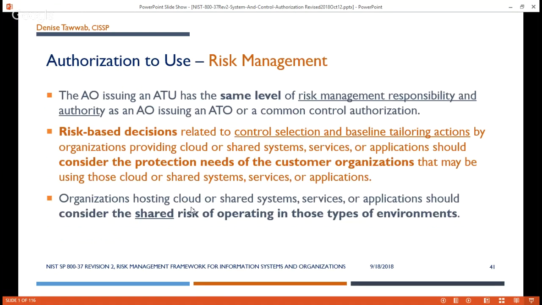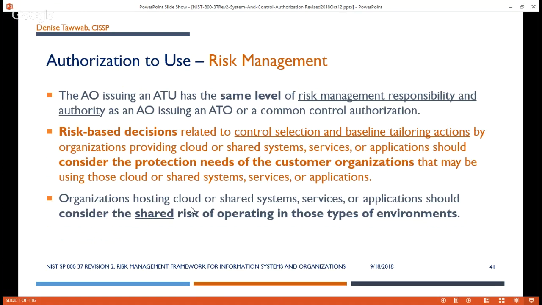All right, when you're looking at authorizations to use, let's talk about risk management. The AO who issues an authorization to use still has the same level of risk management responsibility and accountability as an authorizing official who's issuing an ATO or a common control authorization.